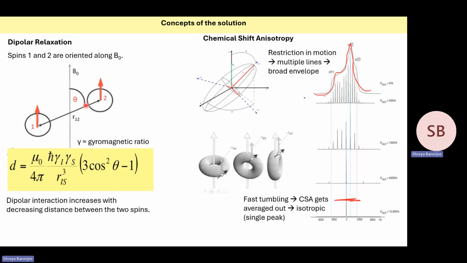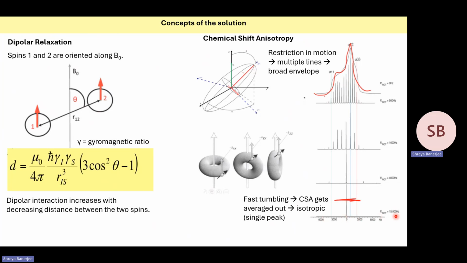So dipolar interaction is responsible for the relaxation phenomena. And another contribution comes from the chemical shift anisotropy. Suppose the tumbling of the molecule is very fast, like 15,000 hertz. Then chemical shift anisotropy gets averaged out and you get a single sharp peak.